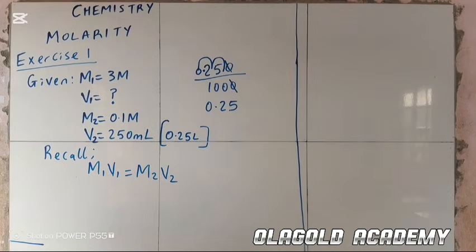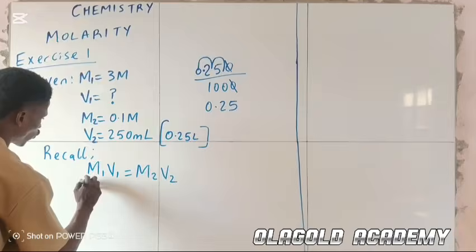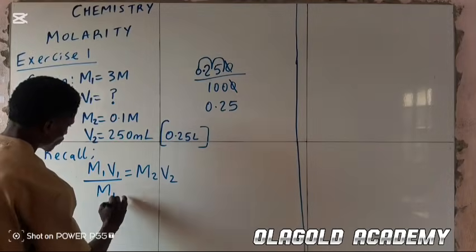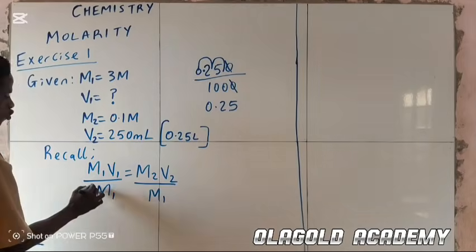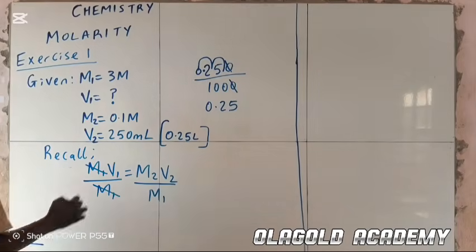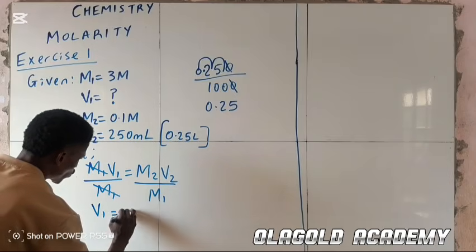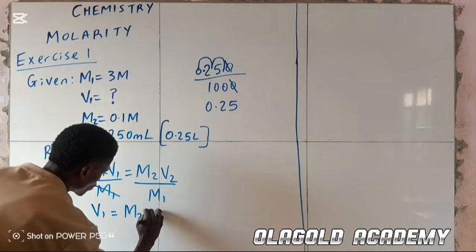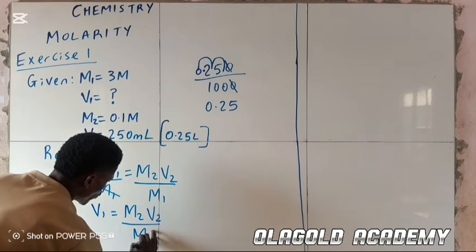We have this. And since we are looking for V1, you can decide to divide both sides by the coefficient of V1, which is M1. So it becomes over M1, over M1. So M1 cancels out M1, and we are going to have V1 equal to M2 V2 over M1.